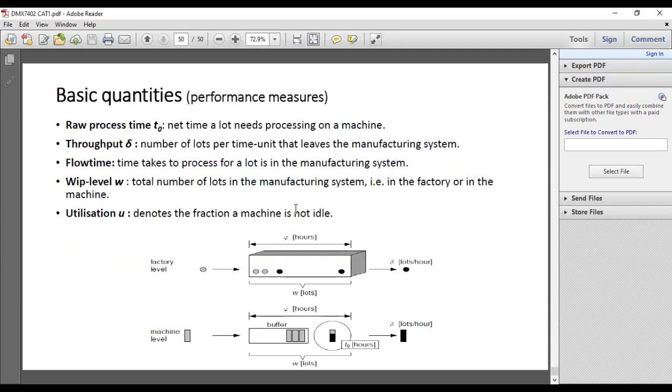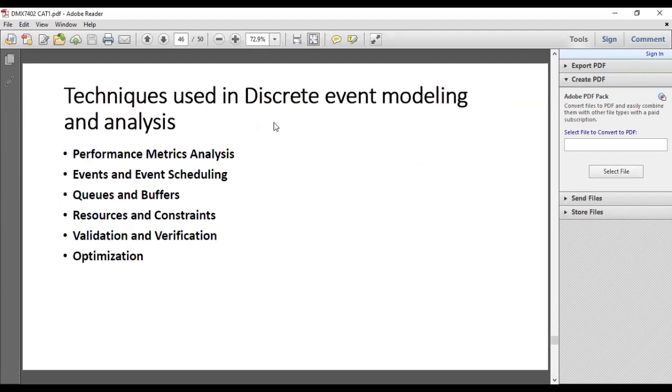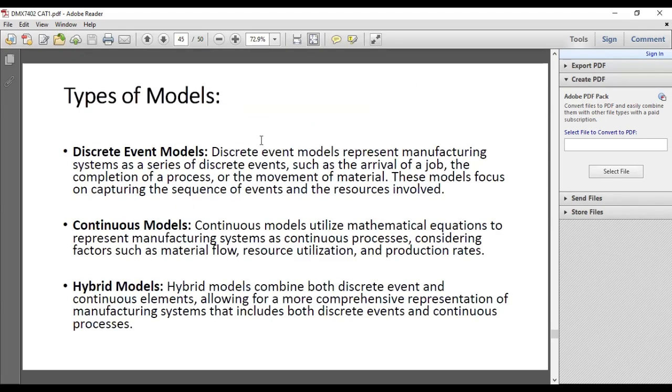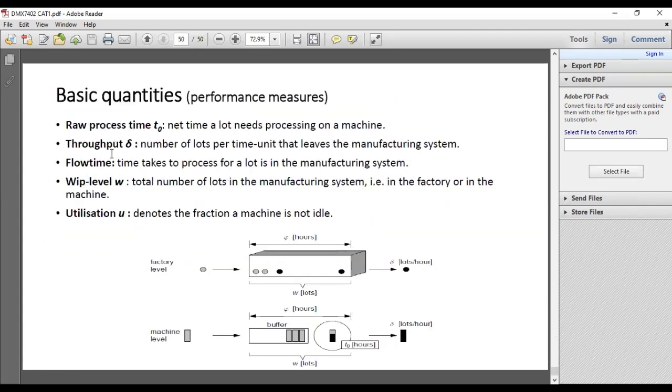This is all you have to remember for the exam questions for the CAT only, but later on we will go deeply into different modeling techniques, analyzing techniques, and how to calculate performance metrics.